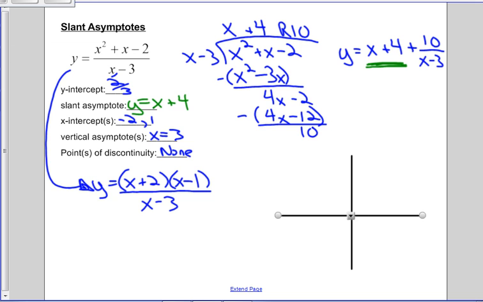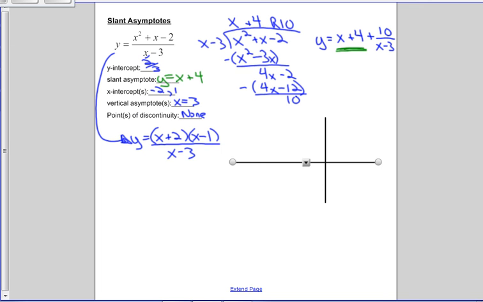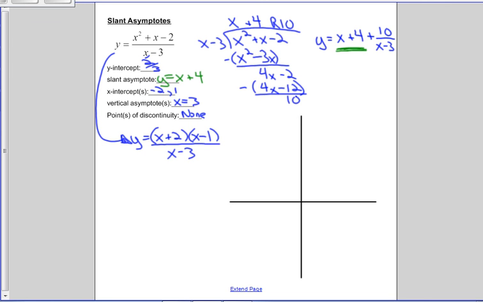And this actually ends up giving us a neat shape. So x-intercepts at -2 and +1. Vertical asymptote at x equals 3. Y-intercept at 2/3 right here. And then there's this slant asymptote.